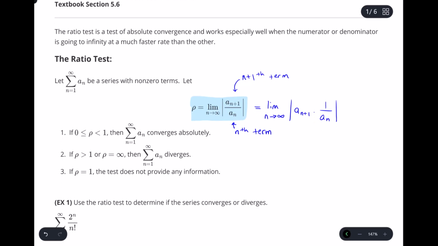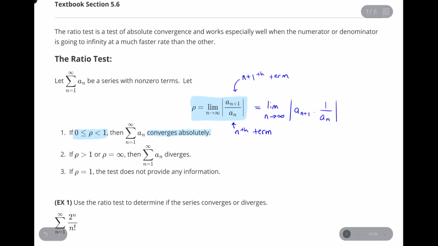And what we say here is that if the limit is between 0 and 1, then the series converges, and it's actually absolute convergence here. So we've ruled out the possibility of conditional convergence. So it's a bit stronger of a result for that reason.